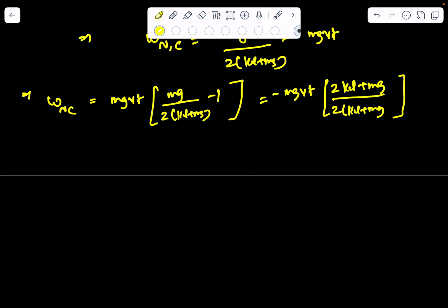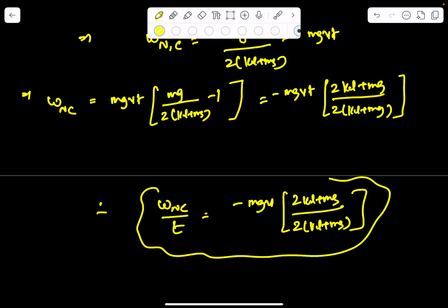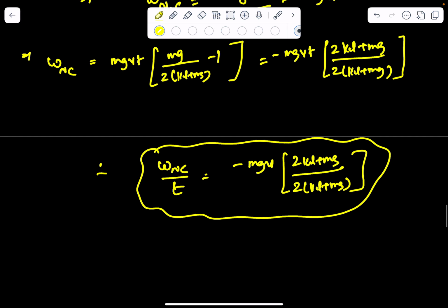Therefore, the work done due to non-conservative forces per unit time, we can say, is minus mgv into 2kl plus mg divided by 2 into kl plus mg. This is the total work done over the time duration t due to the internal non-conservative forces.